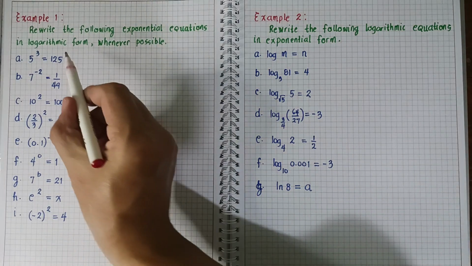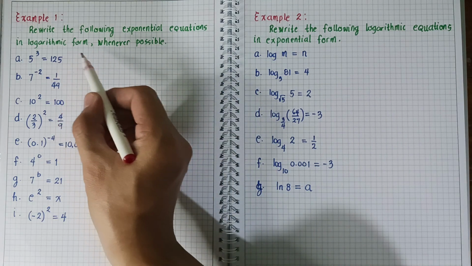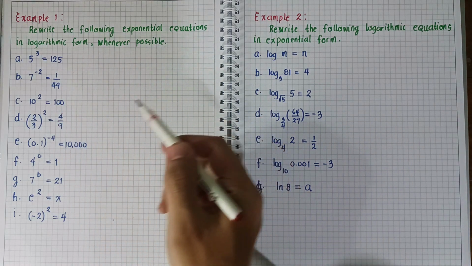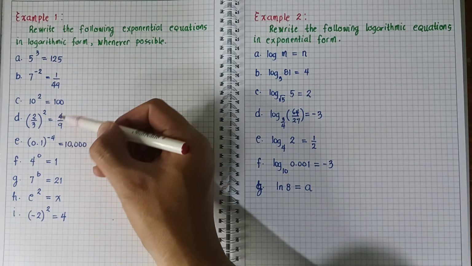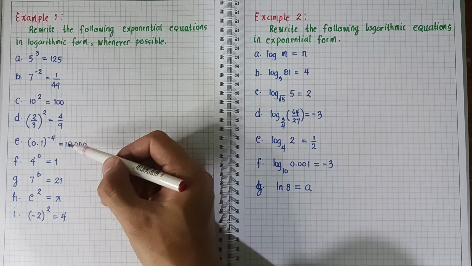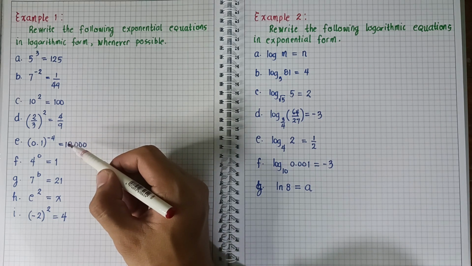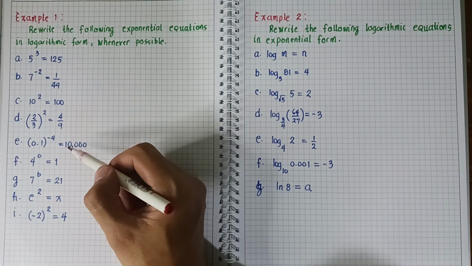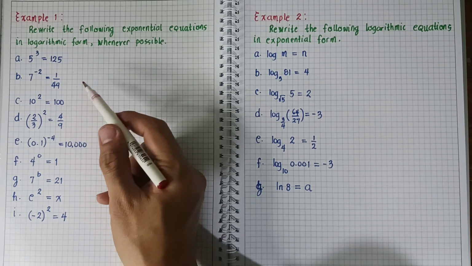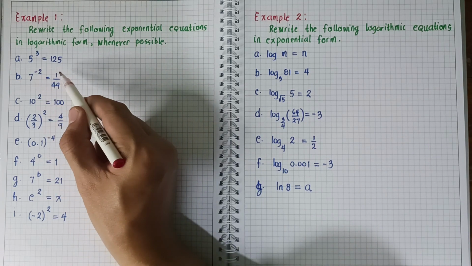Okay, so let's have an example. Example number 1: rewrite the following exponential equations in logarithmic form, whenever possible. Our examples are expressed as exponential equations, and our goal is to write them in logarithmic form. Letter A: 5 cubed is equal to 125.